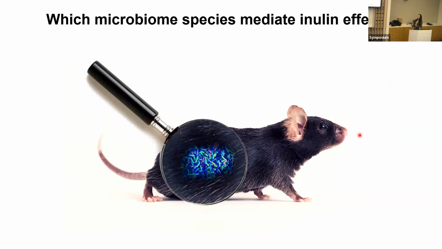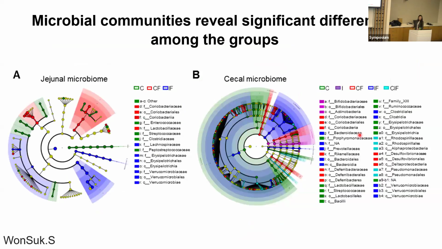Then we wondered which microbiome species mediate this inulin effect. So we performed 16S rRNA sequencing of the cecal content and jejunal content of the mice. And we found that the microbial communities reveal significant differences among those groups.